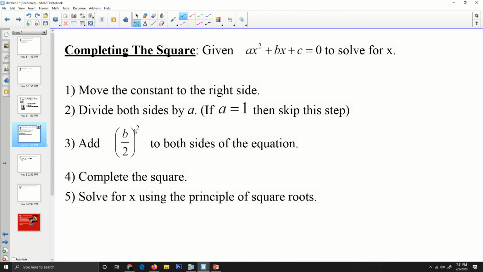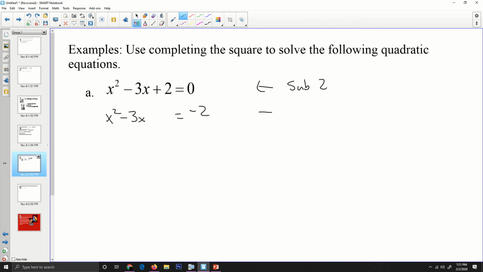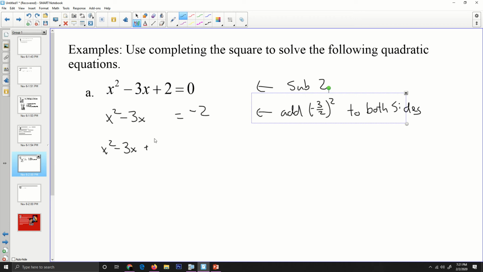We're going to add b over 2 squared to both sides of the equation. So here b is negative 3, so we add negative 3 over 2 squared to both sides. That'll give me x squared minus 3x plus negative 3 over 2 squared, and then negative 2 plus negative 3 over 2 squared.